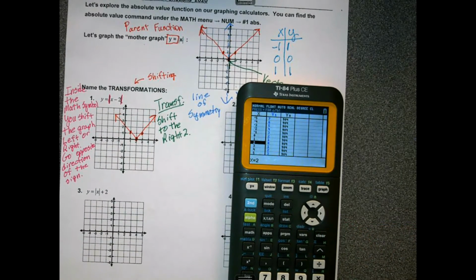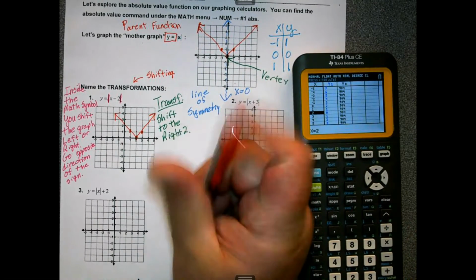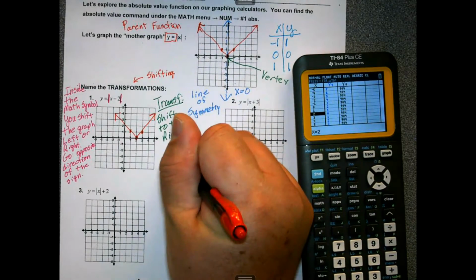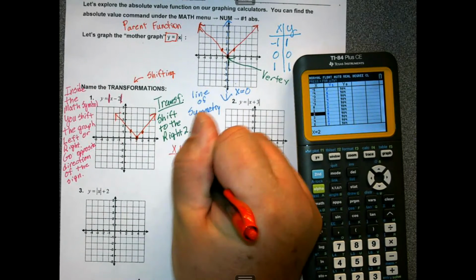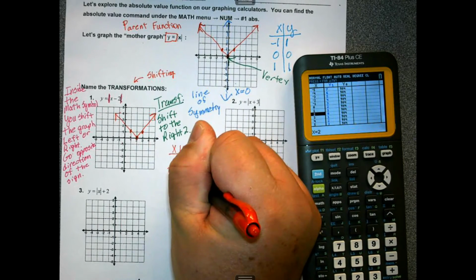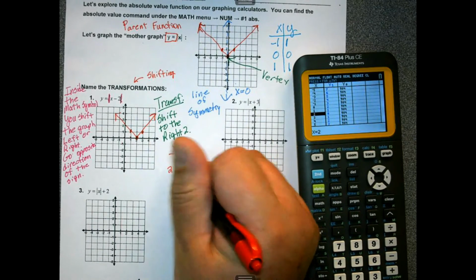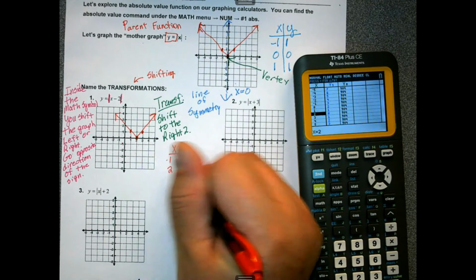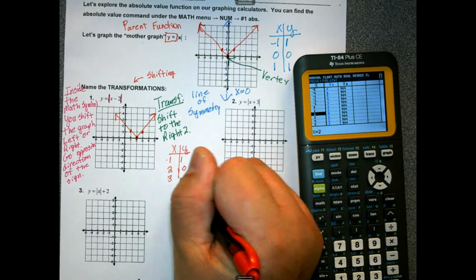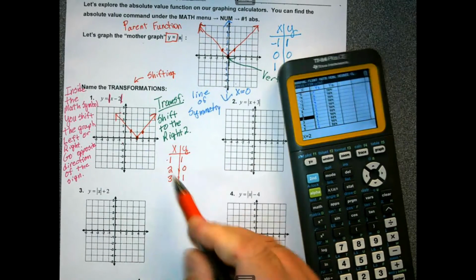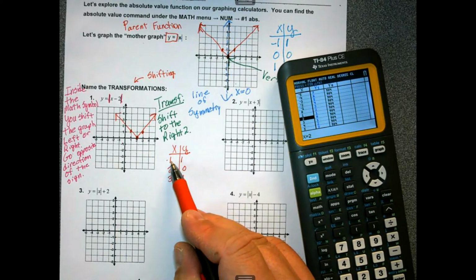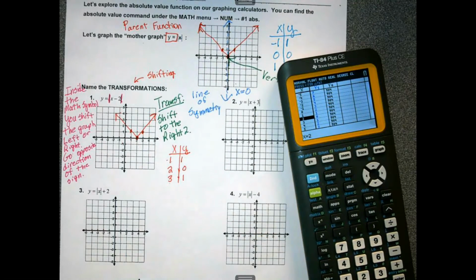So if I were to make a T chart for this, my vertex would be 2, 0, and then 1, 1, and 3, 1. Always go from your vertex, one less and one more.